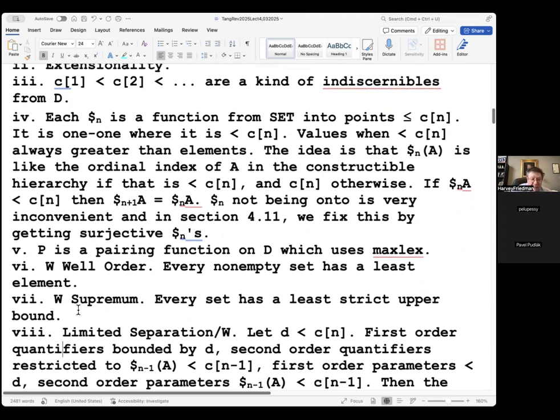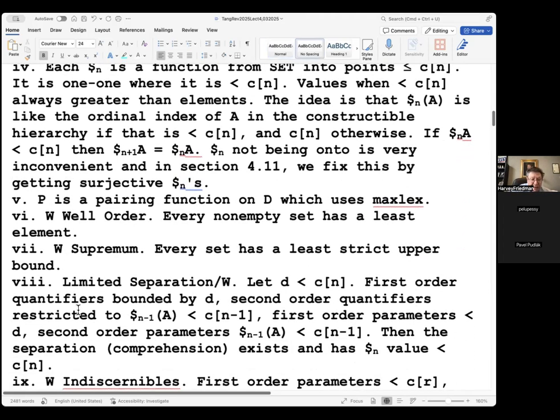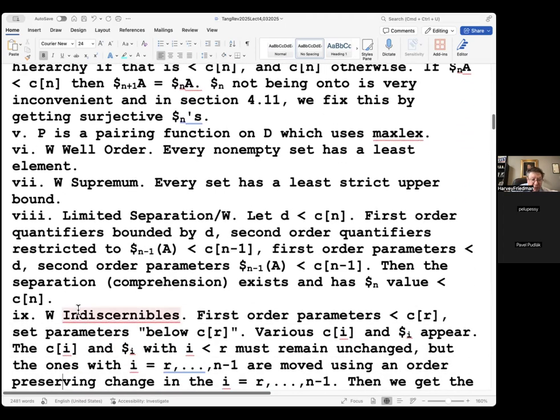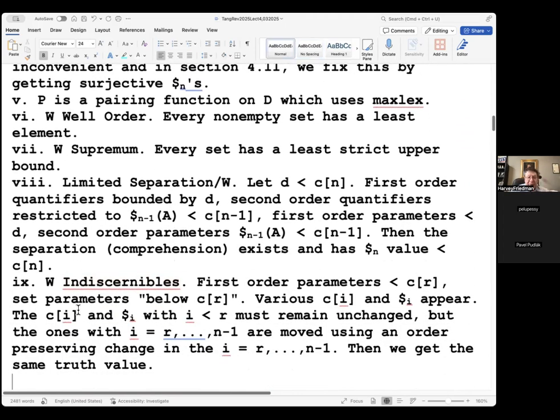Now, finally, we have separation and indiscernibles, and this is very important to have said right. So we have separation, not arbitrary separation, but separation when the first order quantifiers are bounded by D. Second order quantifiers are restricted to the A that are handled by $sign sub n minus 1.